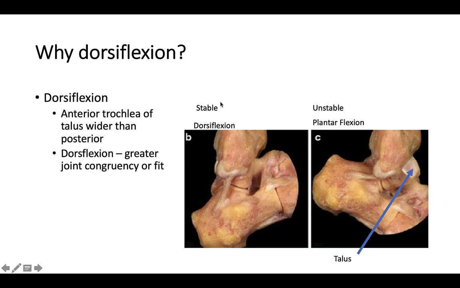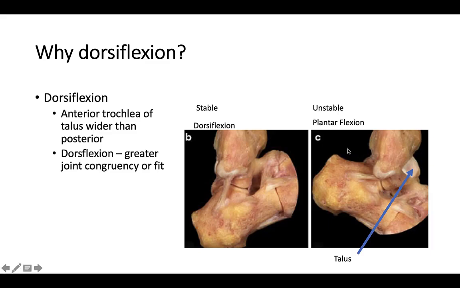So if we compare a dorsiflexed position here, remember posterior is to your left, anterior is to your right, we can see that the talus, when it's dorsiflexed, is fully congruent with the mortise of the ankle, and so rotation in a dorsiflexed position will tend to protect the talocrural ligaments. Here we see the calcaneofibular and the anterior talofibular, but it'll gap or force open the distal tib-fib joint.